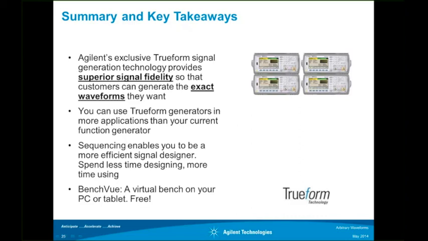You can also use Trueform generators in more applications than your current function generator just because of that jitter capability. So if you are a digital designer, as I mentioned before, that 1 picosecond of jitter is going to allow you to use your generator in a lot more applications than your older function generator was. Previously you might have had to buy a $20,000 to $30,000 box to get 1 picosecond of jitter.